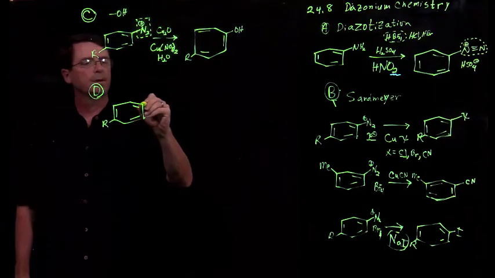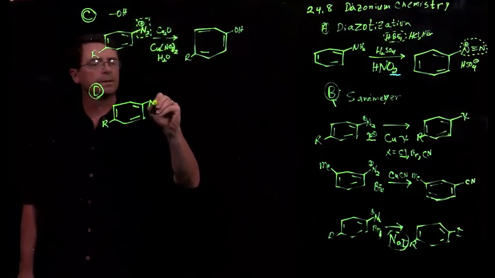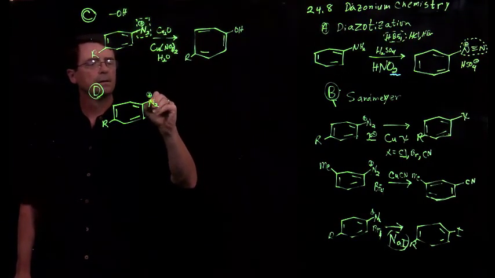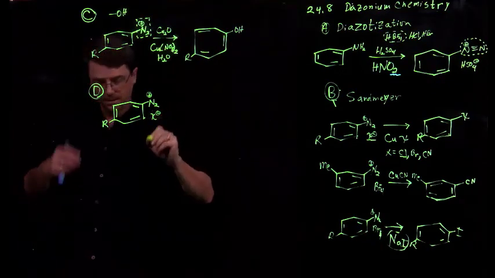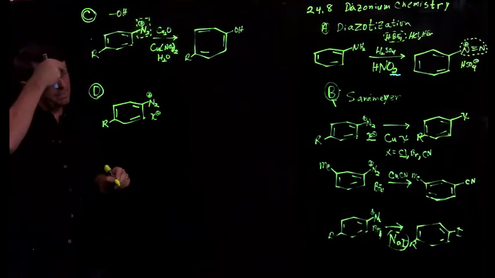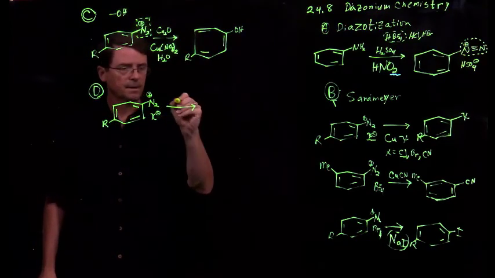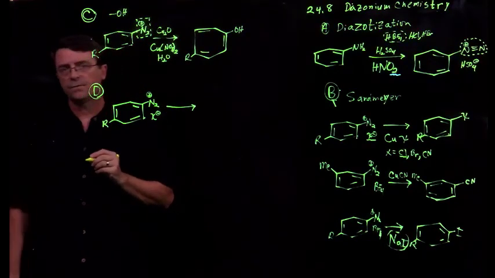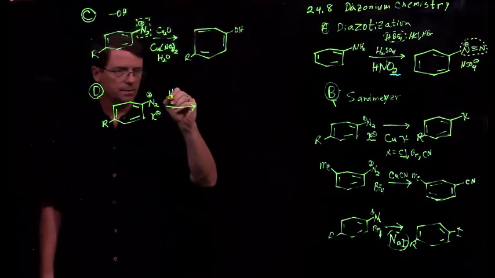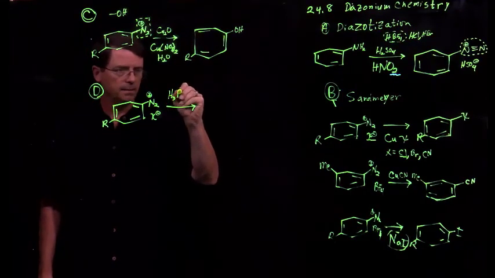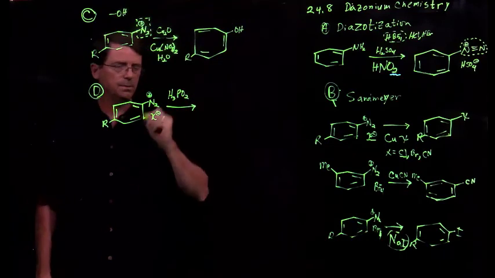So again, placeholder with the R substituent there. The reagent that we need here is hypophosphorus acid, H3PO2.